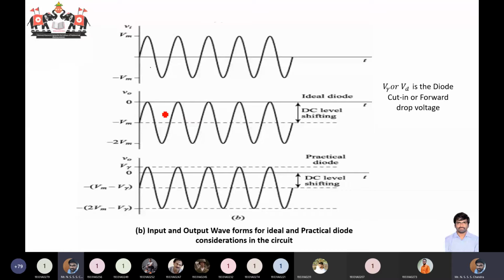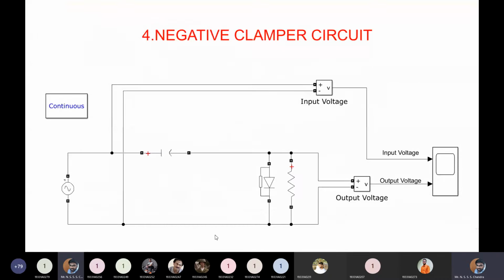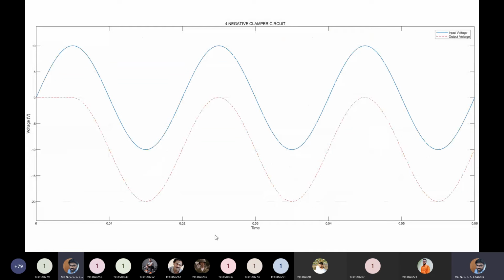These are the steady state waveforms, not transient waveforms. If you are simulating the circuit, you may observe the transient condition also. Here this portion is your transient state, and this portion is your steady state.